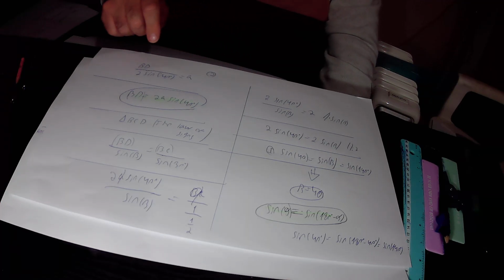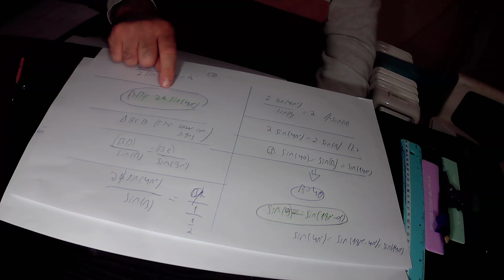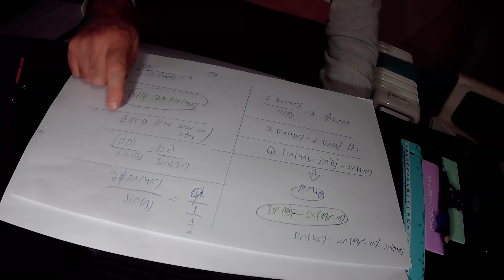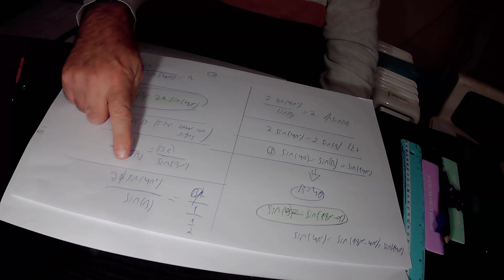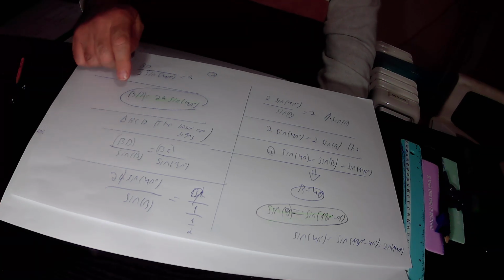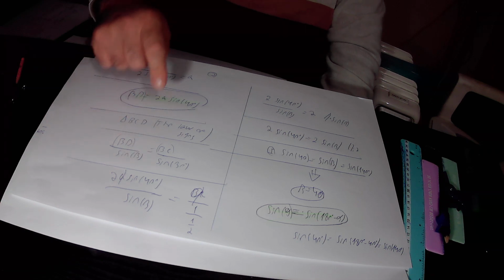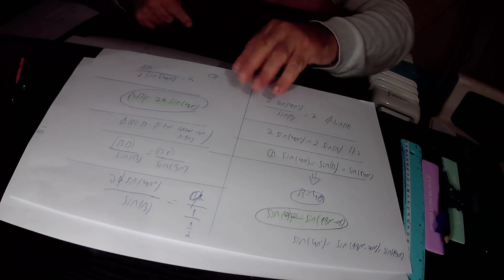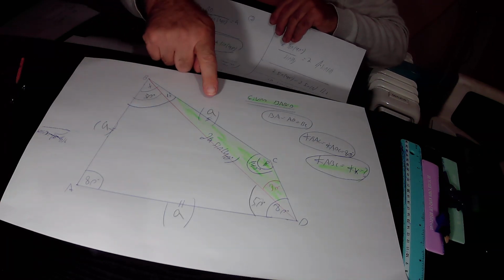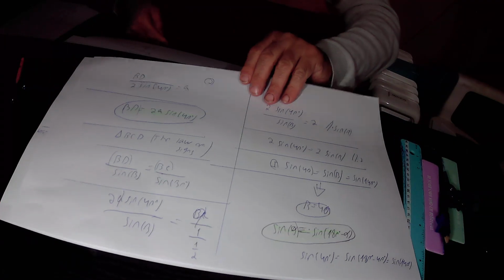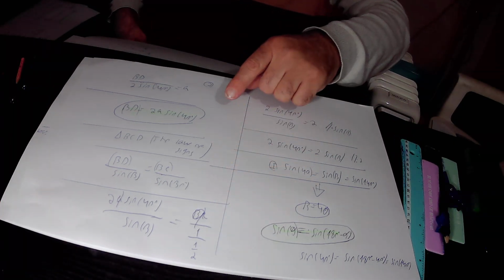We just found out that BD equals 2 times A times sin 40 degrees. So substitute BD by 2 times A times sin 40 degrees over sin beta equals BC. BC equals A according to our definition. So substitute BC by A over sin 40 degrees.